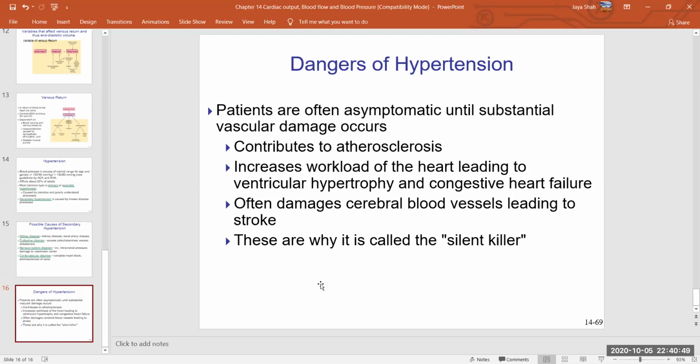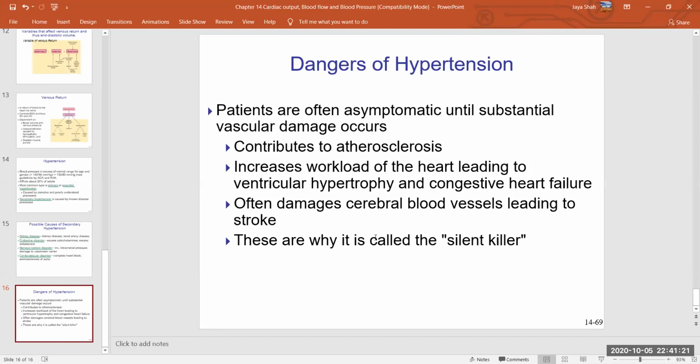By the time a doctor finds out that you have hypertension, a lot of organs, small blood vessels, kidney, retina, and other parts are already damaged. Okay, so patients are often asymptomatic until substantial vascular damage occurs and contributes to atherosclerosis, increased workload of the heart leading to ventricular hypertrophy and congestive heart failure.